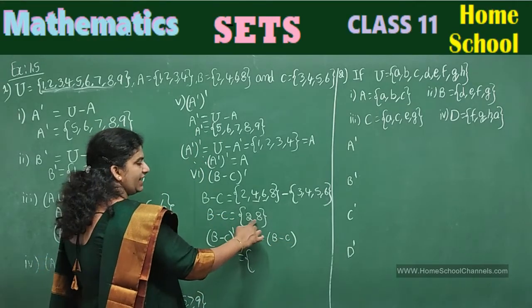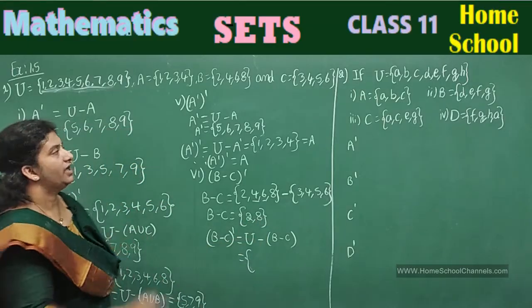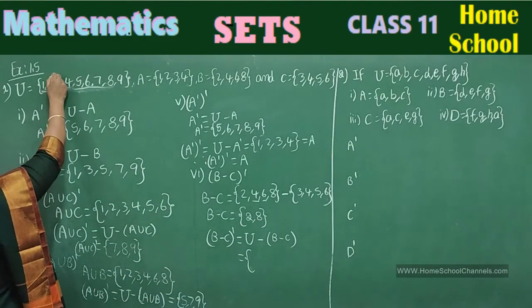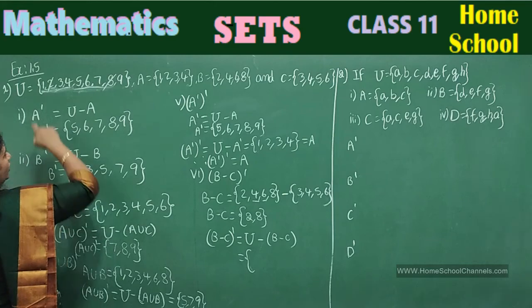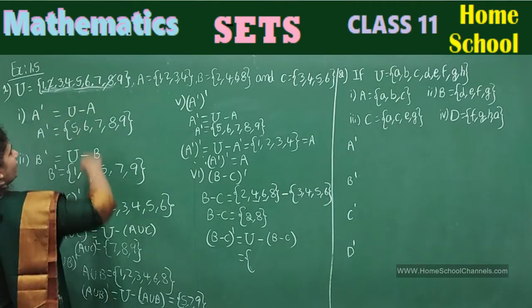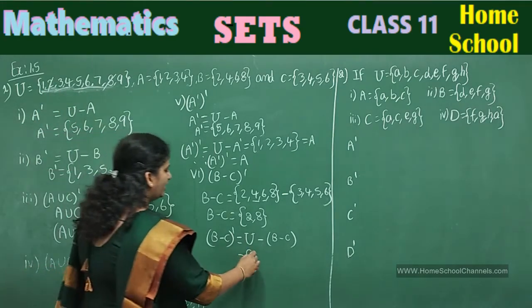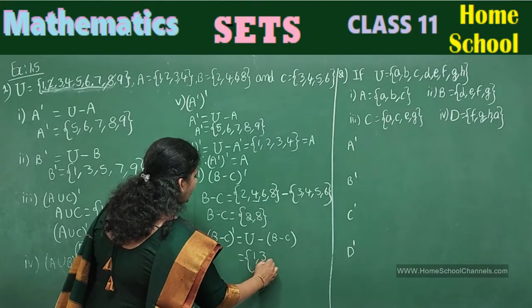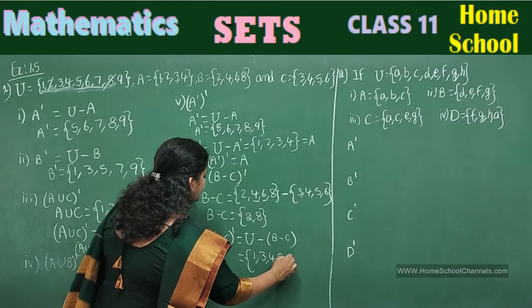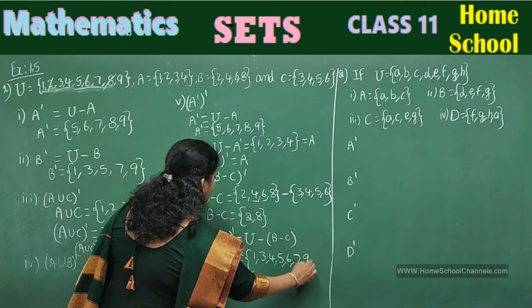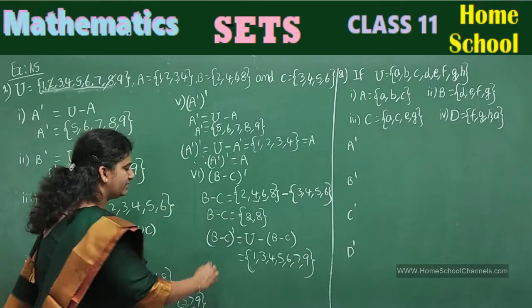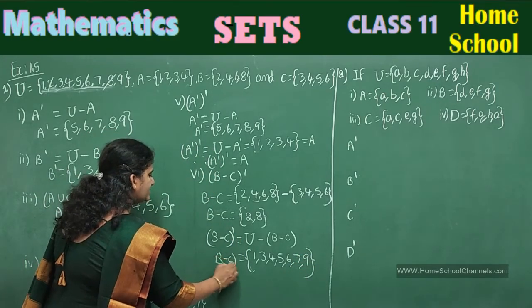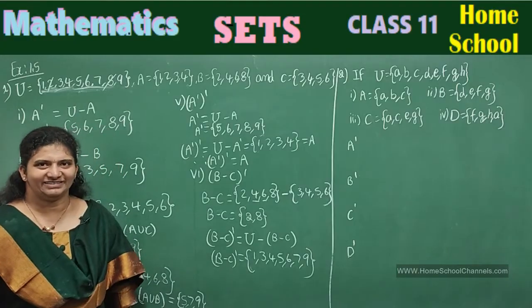B minus C set elements are 2, 8. In the universal set, if you remove 2 and 8, what do you have? 1, 3, 4, 5, 6, 7, 9. That's it. This is (B minus C) whole complement.